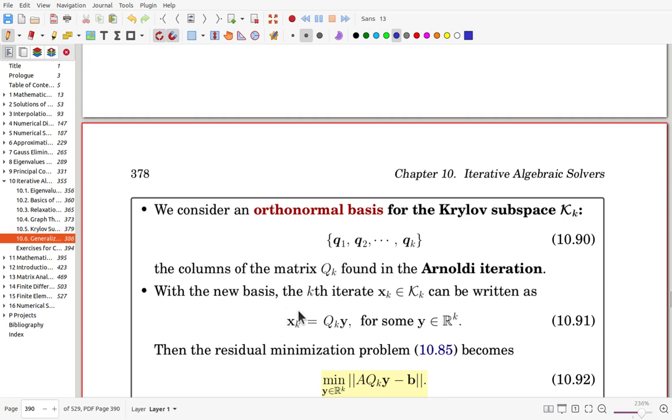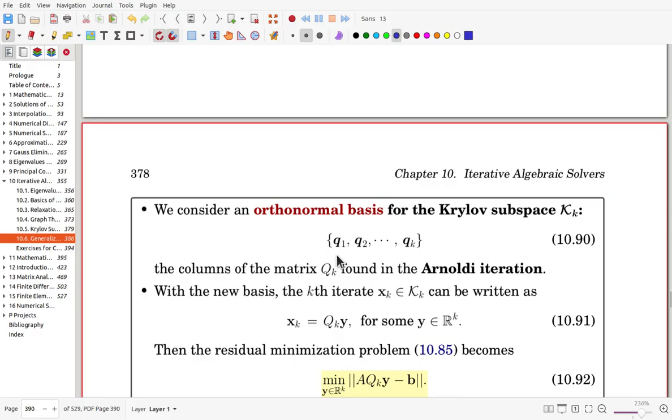Once we found the kth iterate xk, it can be written as the matrix Qk times y for some y, because xk must be in the space spanned by these vectors.